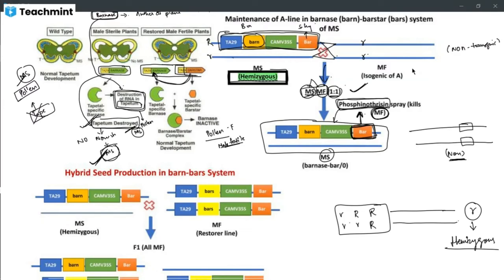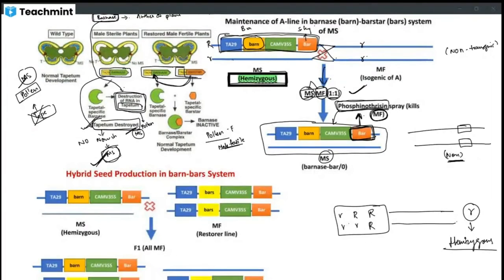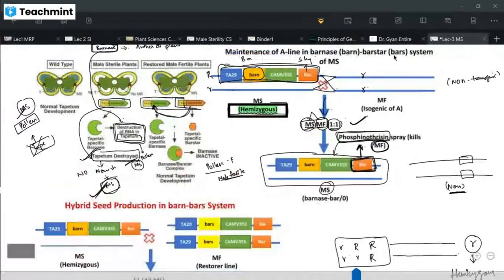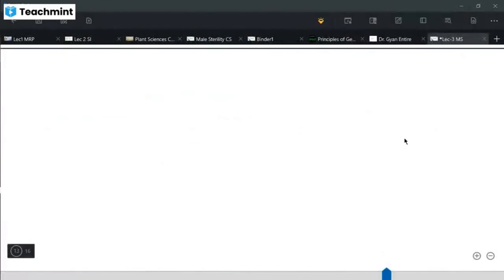Is it okay? Did you understand? Okay, I'll simplify it further. See, this is the transgenic construct, which is in the hemizygous condition.